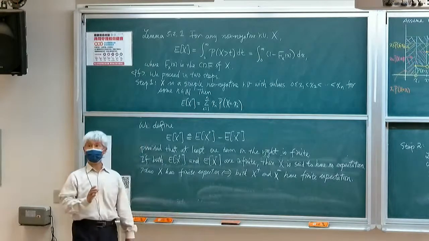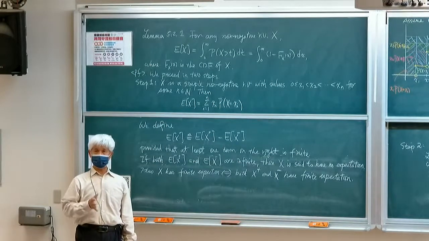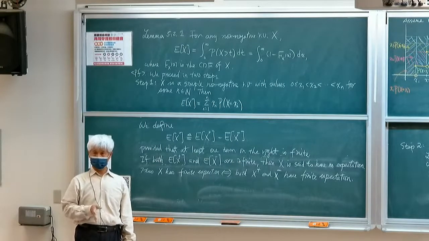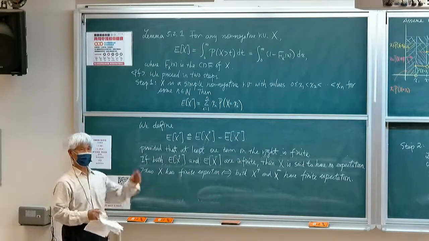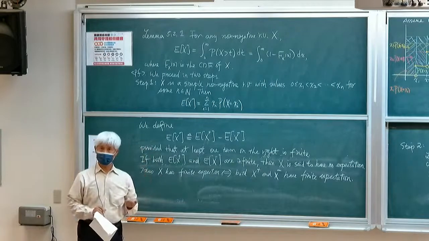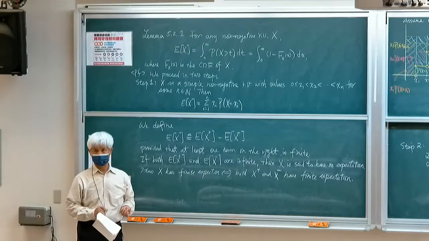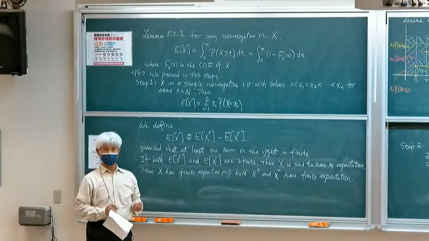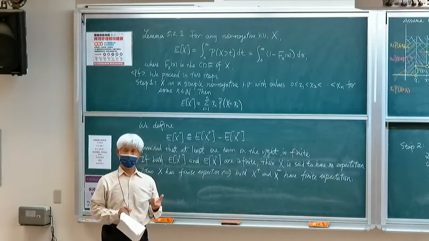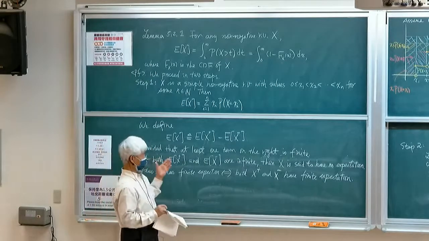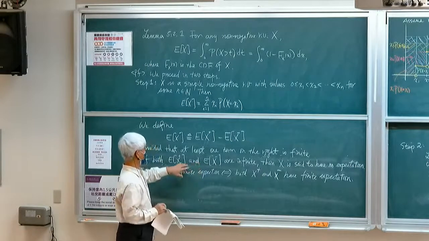Now we complete our mission at this point. We are able to define the expectation of arbitrary random variables, and we know how to compute it if it really has an expectation.